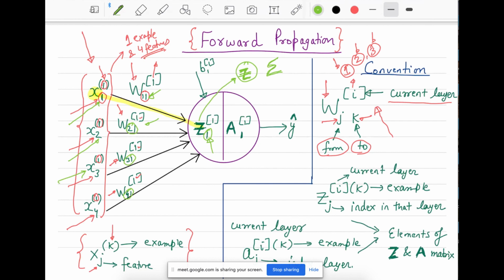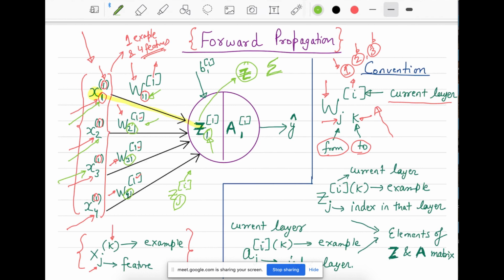But as you can see here, again we have two conventions here. One is I, another one is J. This corresponds to the layer at which you are, and this corresponds to the node at which you are. This is an example where you have only one layer and one node. That's why you have Z11.